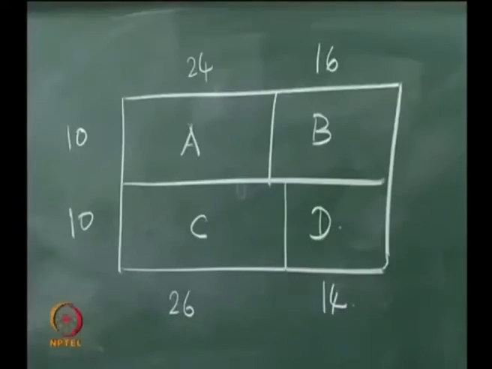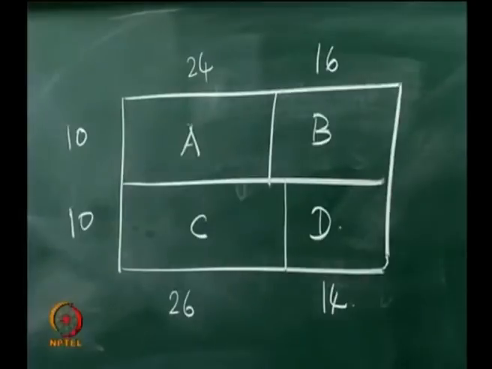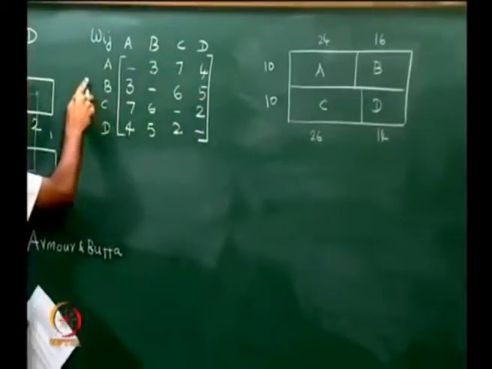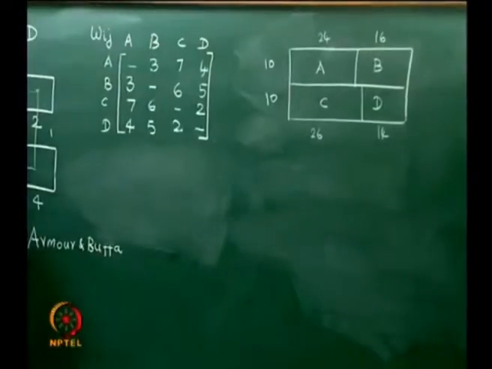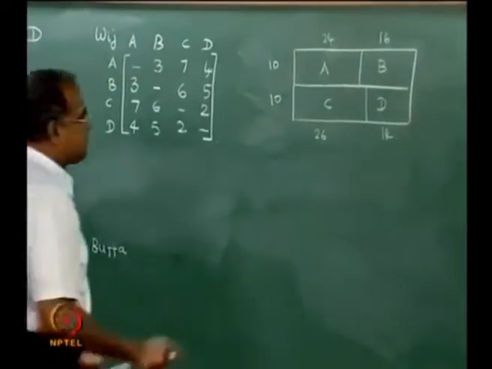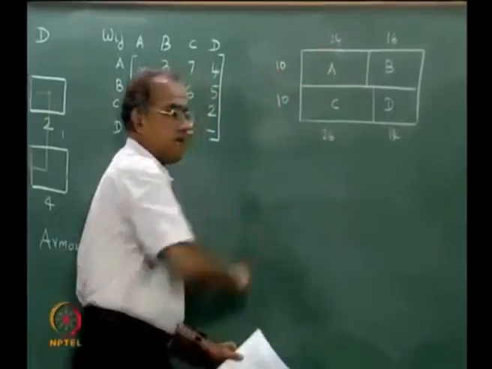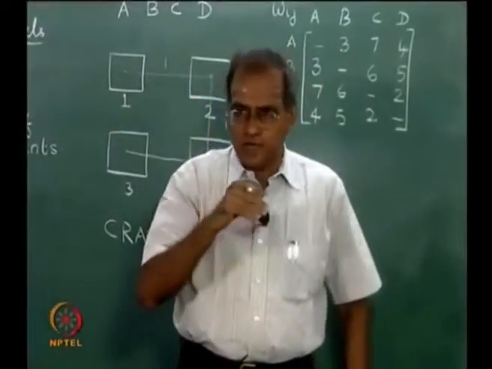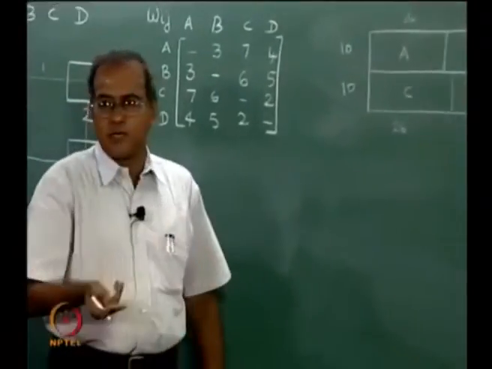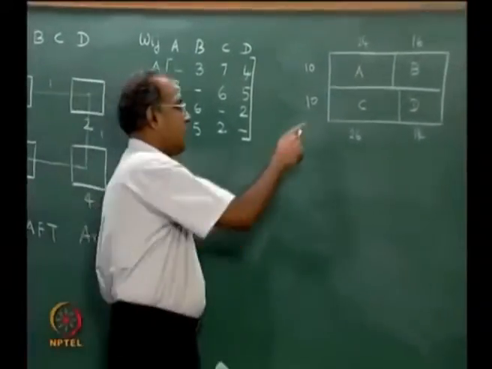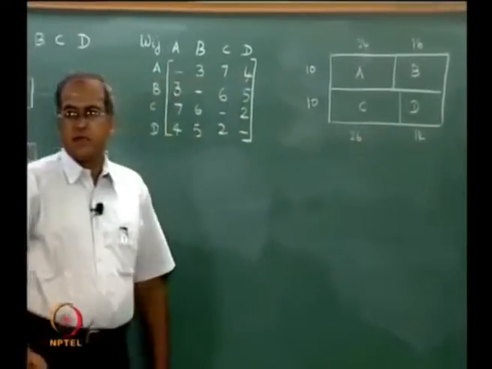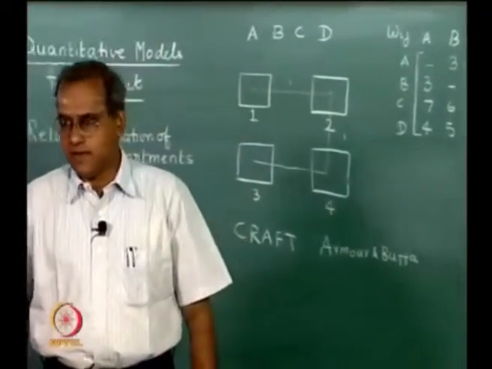Now, let us begin with an initial layout where there are 4 departments A, B, C, D. The material movement among these departments is given by the same Wij that we have, and this is the initial layout where A requires 24 into 10, 240 square units of area, B requires 16 into 10 square units of area, C requires 10 into 26 and D requires 10 into 14 square units of area.